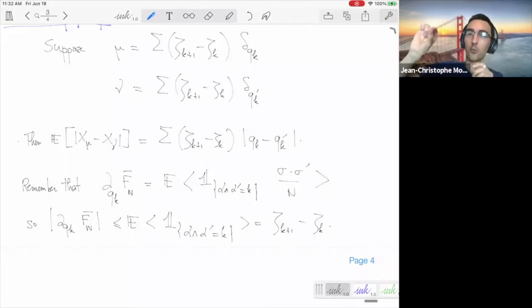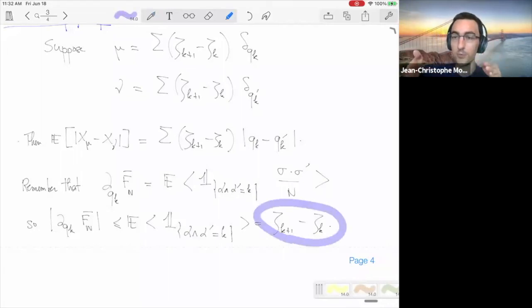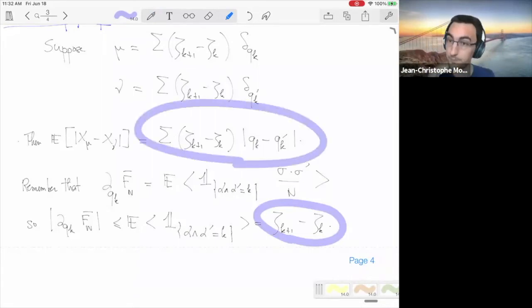Q1 you move to q prime 1, and there you pay the derivative, which is zeta 2 minus zeta 1 times the difference between q1 and q prime 1, and you go on, and all you do is exactly this. Okay, so that's the end of the proof.